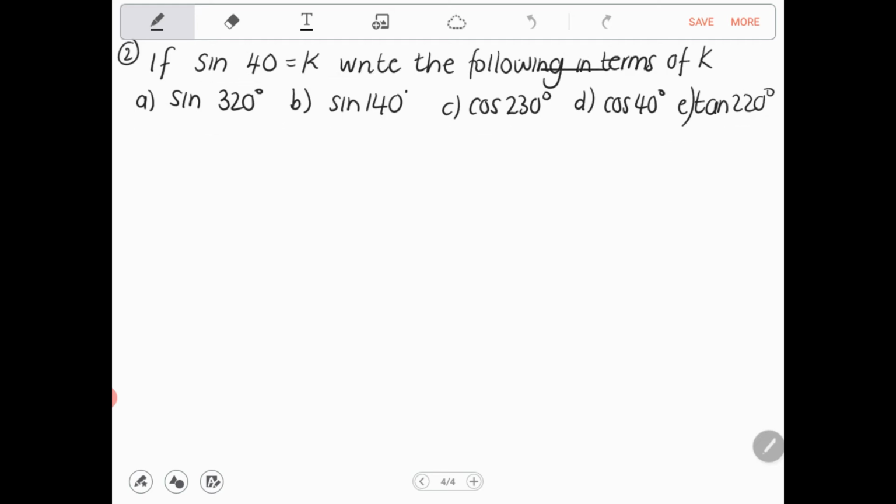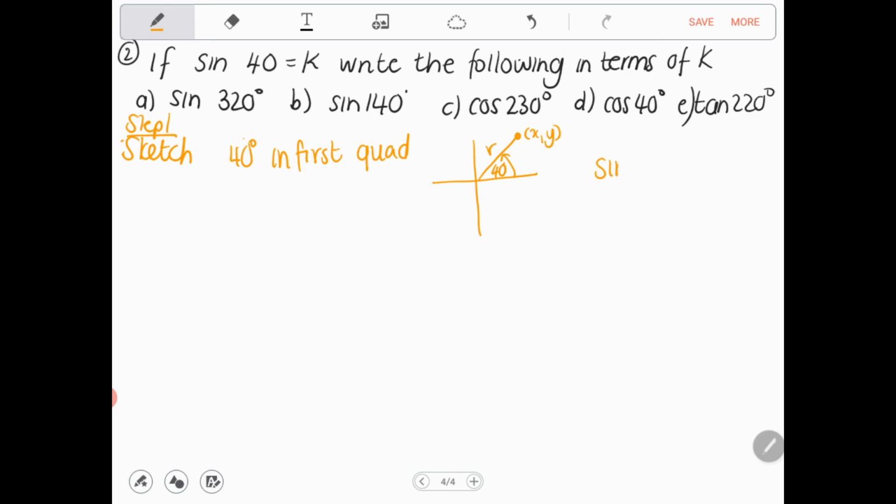So I don't even need to read the questions. What I need to do is a sketch. Sine of 40, it's in the first quadrant, 40 degrees. So we would go 40, and this would be x, y, and r.